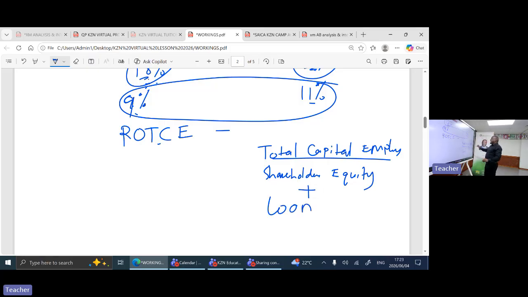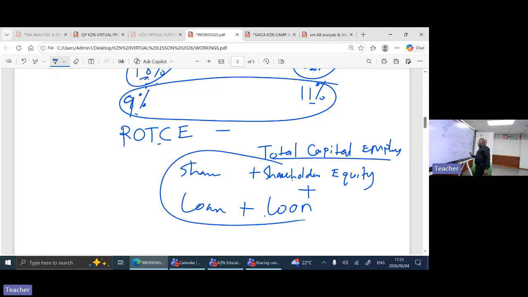But when we want average total capital employed, it means we must add shareholders' equity of the previous year plus of the current year, loan of the previous year plus of the current year. All this must then be divided by 2 to get average capital employed. So that is the formula.